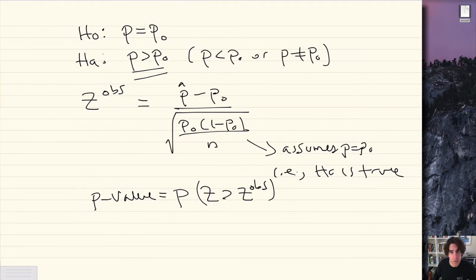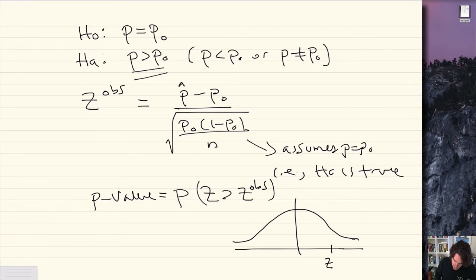And so the picture of this would look like we have a normal distribution with mean 0 and standard deviation 1, and the value of Z observed is, let's say, over here, and we're calculating the area to the right of that.